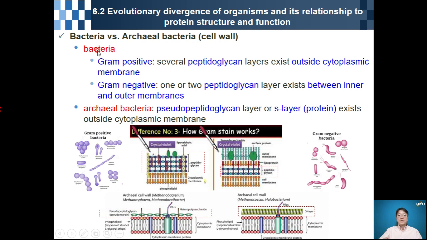Bacteria can be divided into gram-positive and gram-negative bacteria. Gram-positive bacteria have several peptidoglycan layers outside the cytoplasmic membrane, but gram-negative bacteria have one or two peptidoglycan layers between the inner and outer membrane.